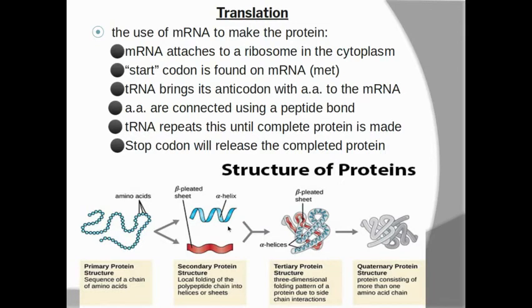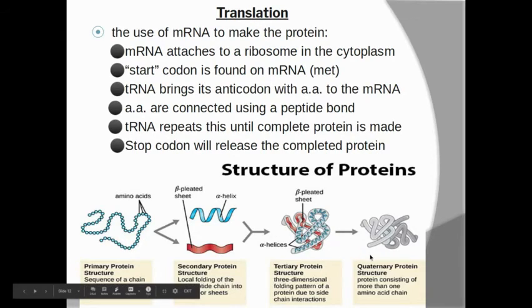And then we form tertiary protein structures. As it folds over and bends and curves, it's going to form a three-dimensional shape. So a wave or a curve isn't necessarily a three-dimensional shape. We're looking at the large scale molecule when we get to tertiary protein structure.